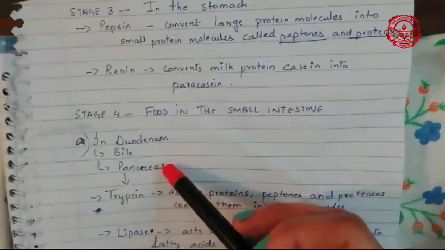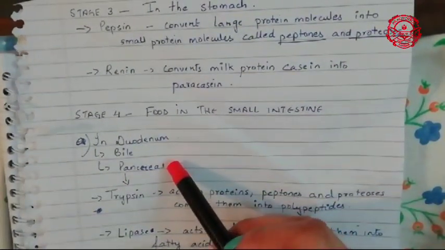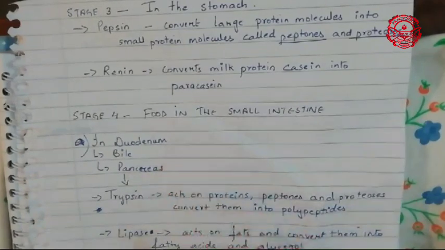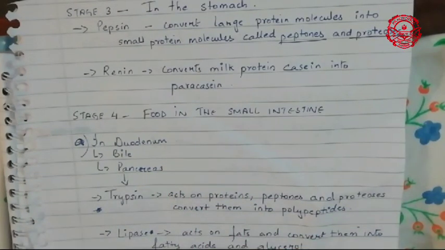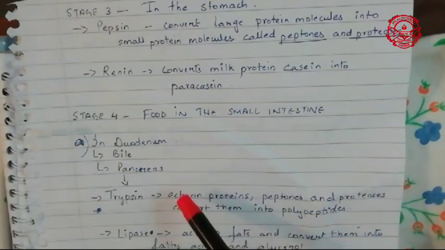And then it will also contain pancreatic juice that you get from your pancreas, and then they will mix with the food. And then the action of the enzymes produced in the small intestine digests the food. Because of your bile juice and your pancreatic juice, the food that has been taken will be digested in your small intestine.